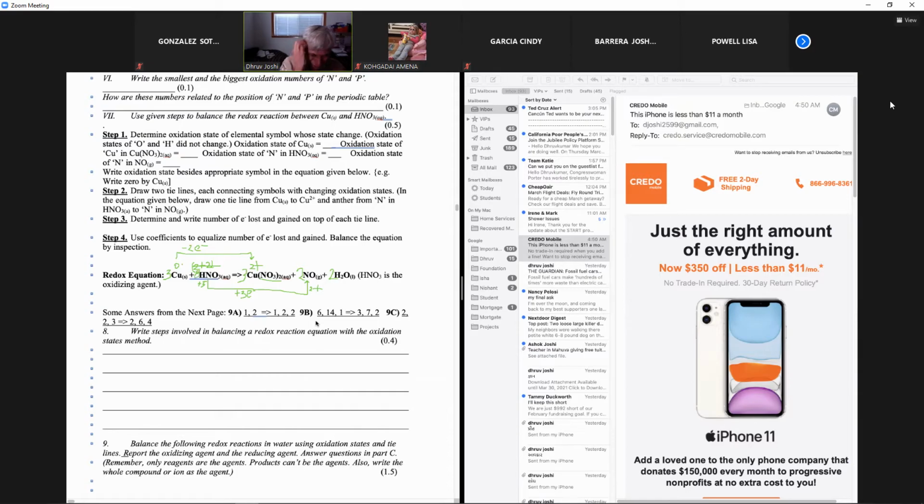And then H2O goes to 4H2O, and everything else is balanced now. What we did not do was put 3 over here, because there's 3 copper here, there must be 3 copper over here. This one is a little hard because this nitrogen is in 2 places. That's what makes it hard. Okay, keep on going now.